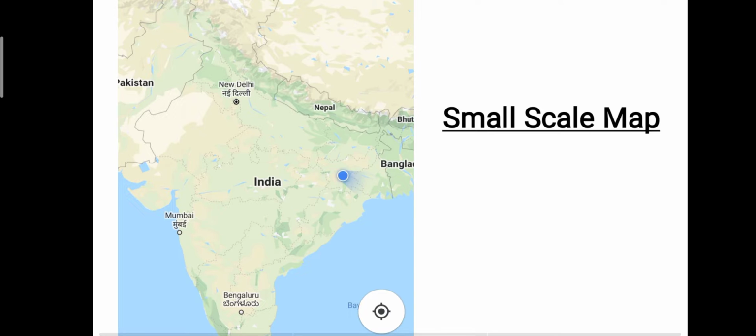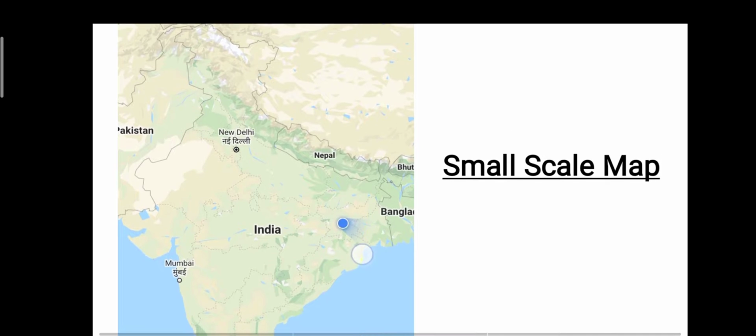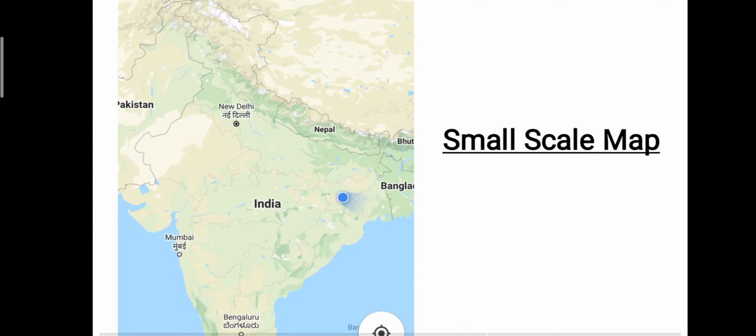You may assume any number. If the total length from the northernmost point to the southernmost point is 15 centimeters on your scale, do you really think that in reality India measures only 15 centimeters from north to south?